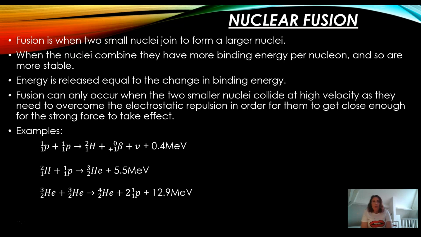However, fusion happens with light elements, so if you had a kilogram, say, of hydrogen and a kilogram of uranium, hydrogen has a mass of 1 gram per mole. So if you've got a kilogram of it, you have 1,000 moles, which gives you 1,000 times Avogadro's number of atoms to fuse.